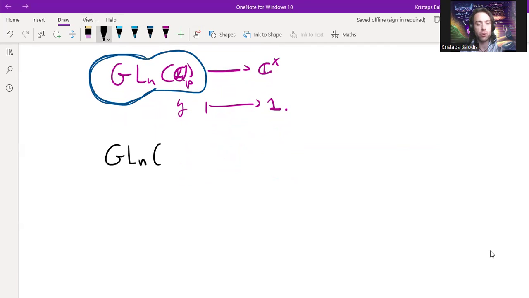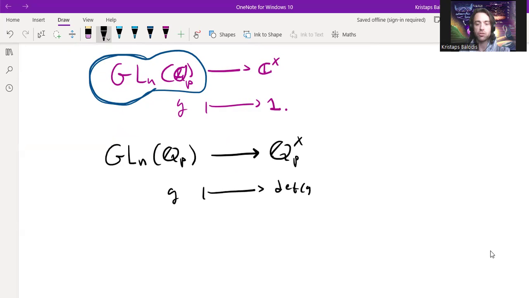So much like any matrix group, how do we get down to here? Well, we have our determinant map, right? This is a very famous homomorphism from these multiplicative groups. So I can take G and send it to the determinant of G. But then we want to get a complex number out of this, right?